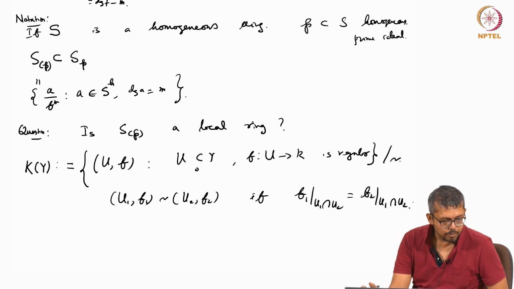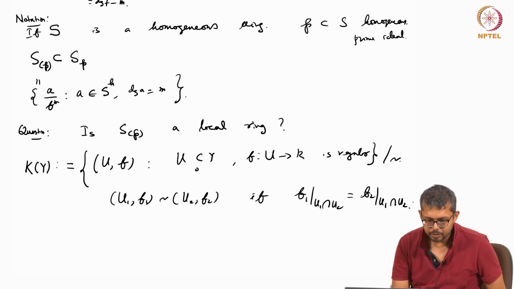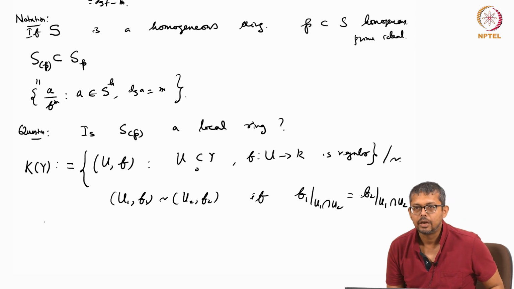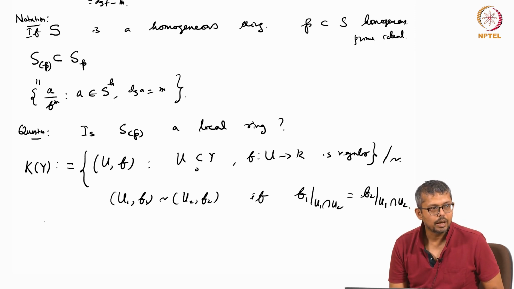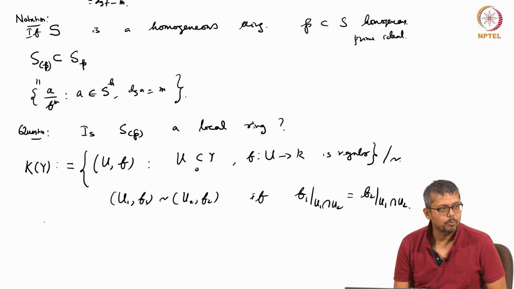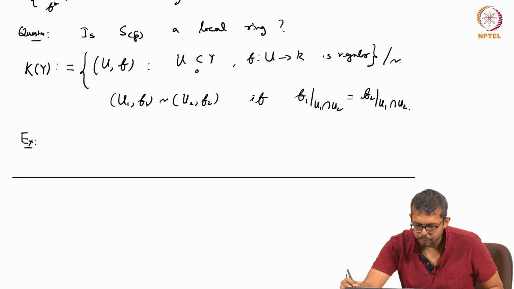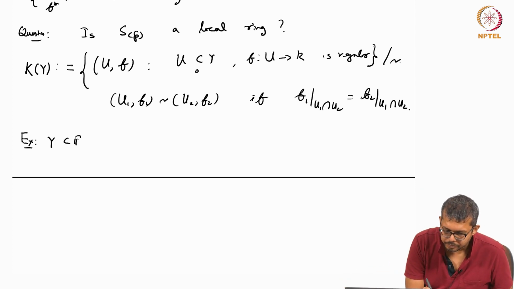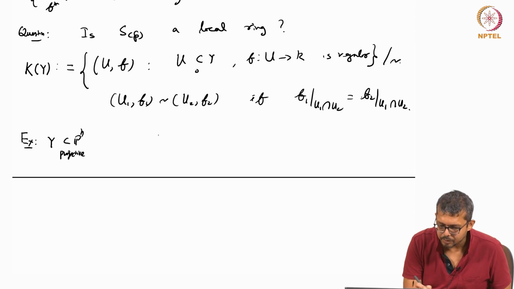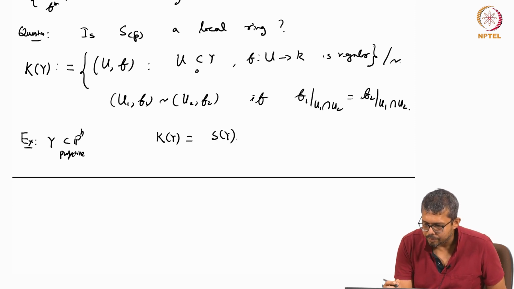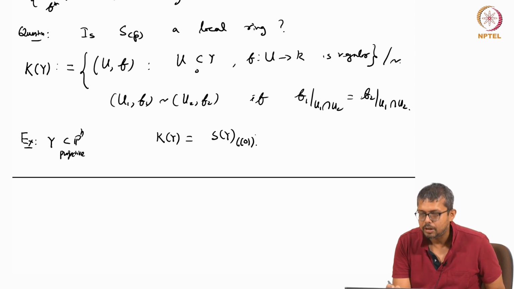Now what is the function field K(Y) if Y is a projective variety? Again, I leave it as an exercise. If Y is projective, then the function field of Y is nothing but S(Y) where you invert the zero ideal.